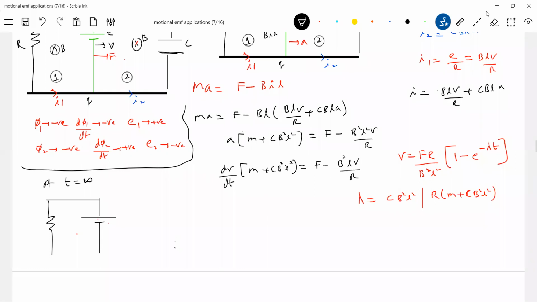It will move with a constant speed v, called the terminal velocity, and the charge across capacitor will be constant, call it q infinity. How to calculate the terminal velocity? Vt equal to FR by B square L square only.